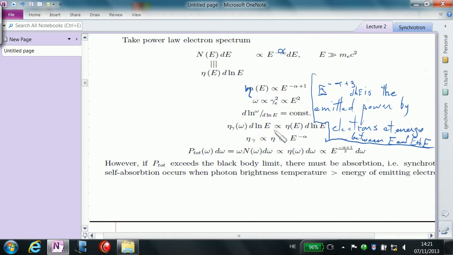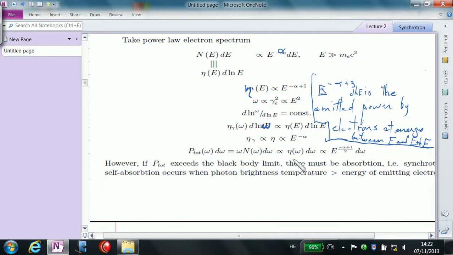There's just a linear dependence, and this should be log omega, not log E. So this is the power emitted, but expressed as a function of omega rather.